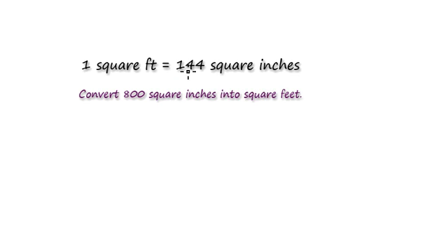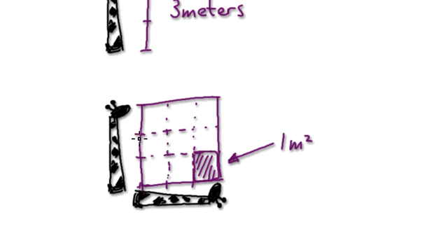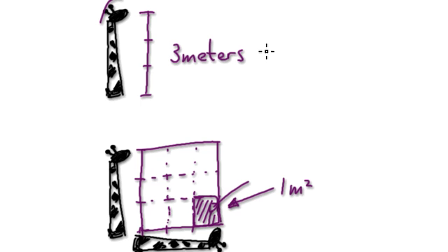Okay, so remember, just like in our previous video, where one giraffe neck equals 3 meters. Well, when you're looking at an area, you see this here is 1 meter squared. So when you're talking about length, one giraffe neck equals 3 meters.